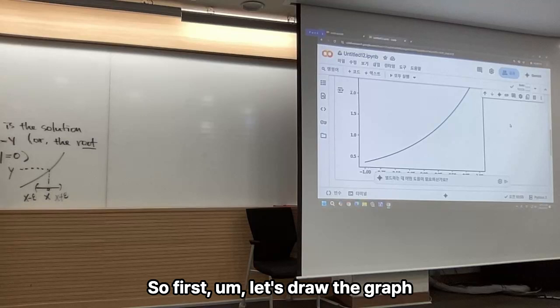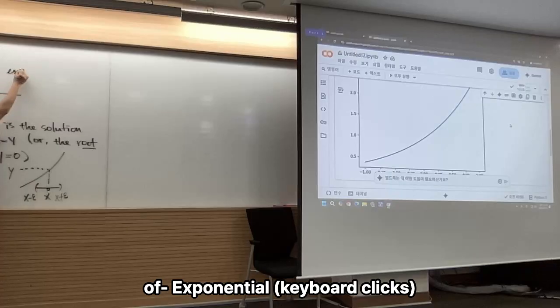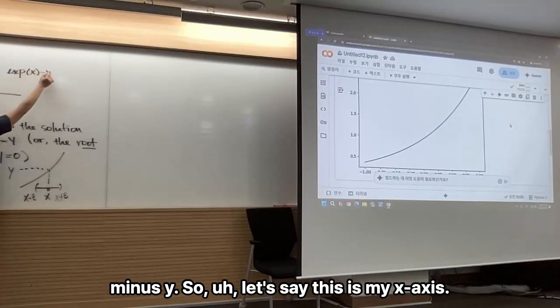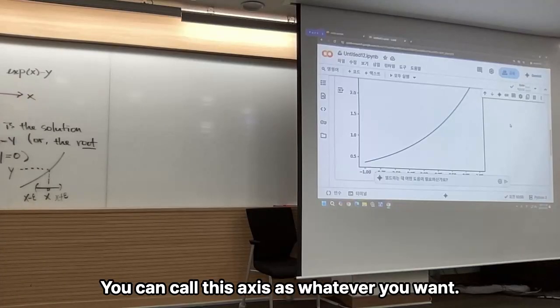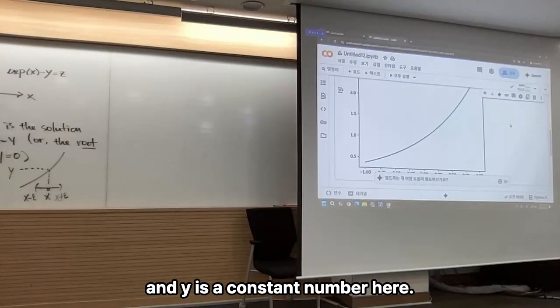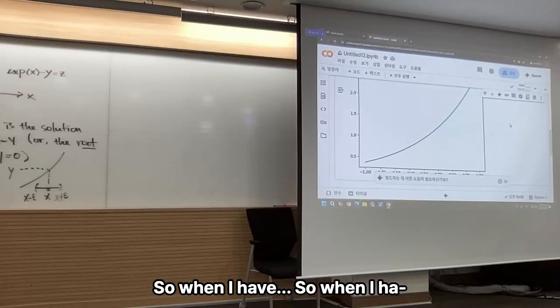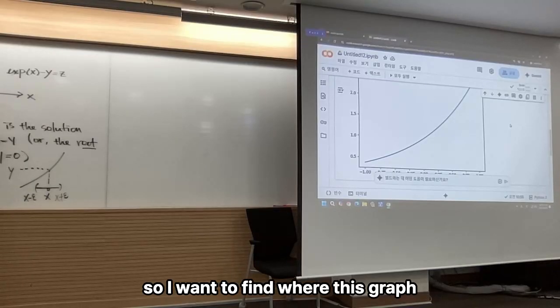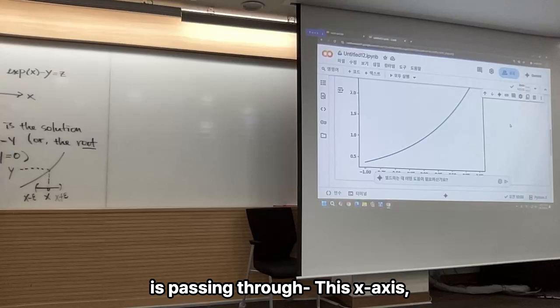So first, let's draw the graph of exponential x minus y. So let's say this is my x-axis. You can call this axis whatever you want. Let's say z, because I used the symbol y already, and y is a constant number here. So I want to find where this graph is passing through this axis.